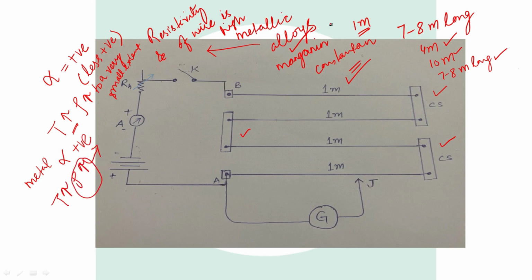In case of manganese and constantan, with an increase in temperature, the resistivity of the wire increases to a very small extent, and that we can neglect. So we can say there is no effect on the resistivity of the wire, and we can do our experiment very easily because we will not bother about the resistivity of the wire. That's why we use manganese or constantan.